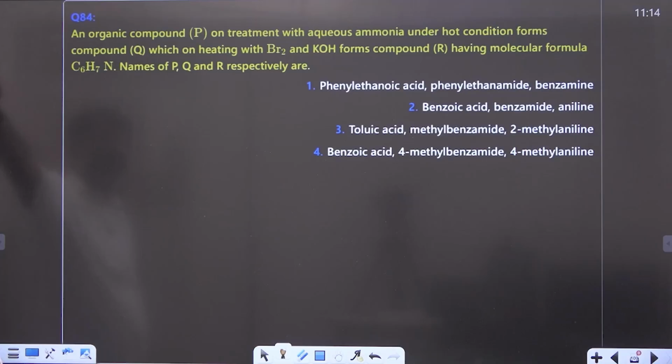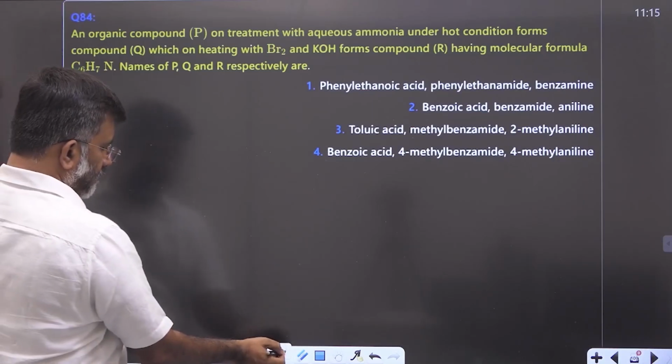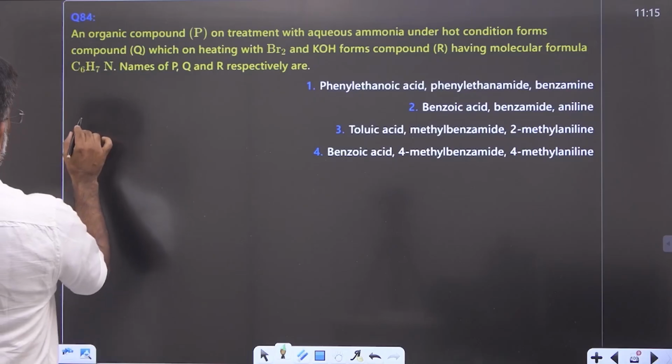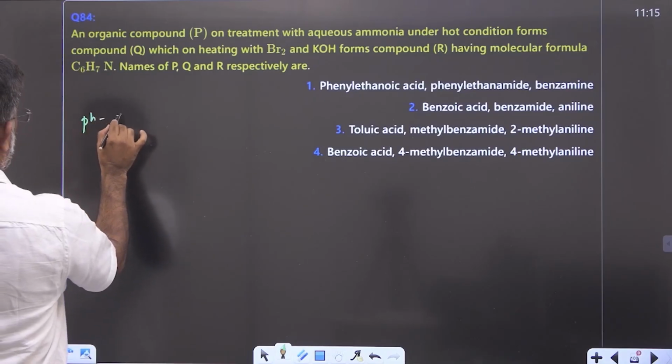Name P, Q, R respectively. Option A, phenyl ethanoic acid.